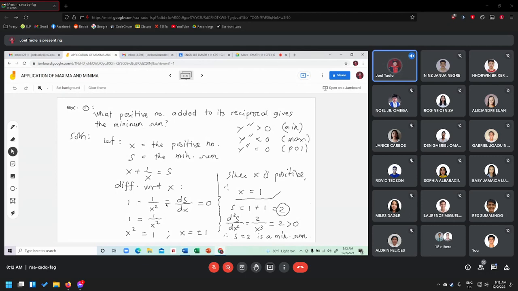So what we differentiate now is the negative 1 over x squared. The result is 2 over x cubed. Then substitute the value of x, which is positive 1. So our second derivative is positive 2. 2 over 1 is 2. Positive. So if positive 2, it means greater than 0.